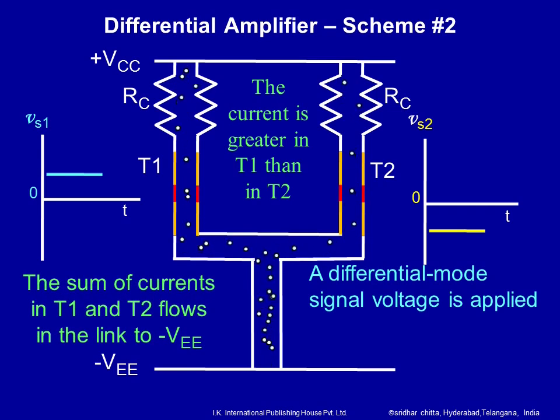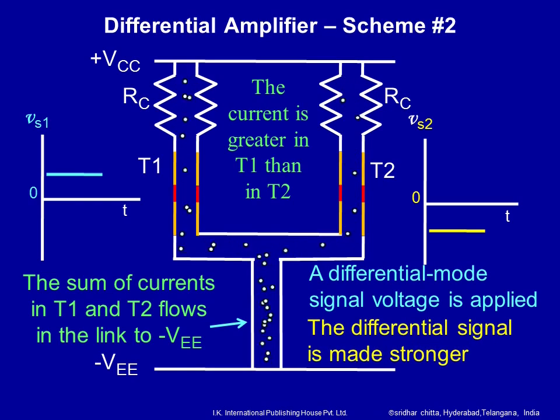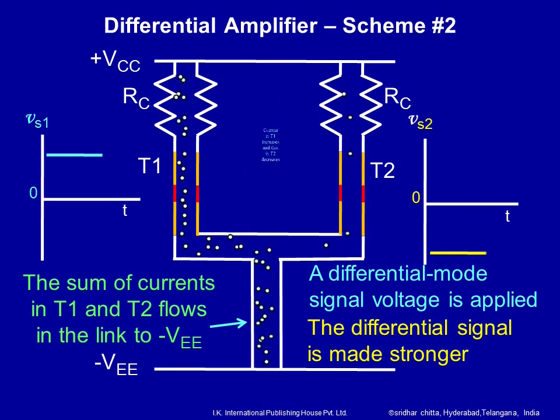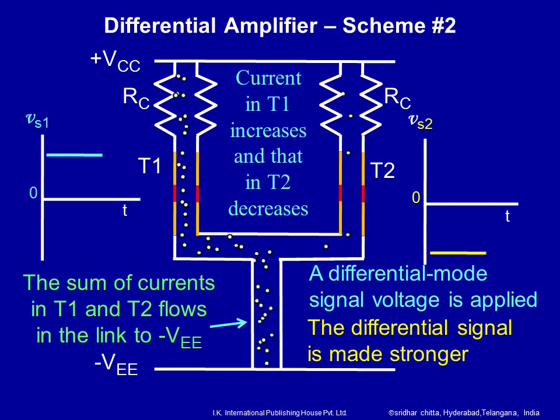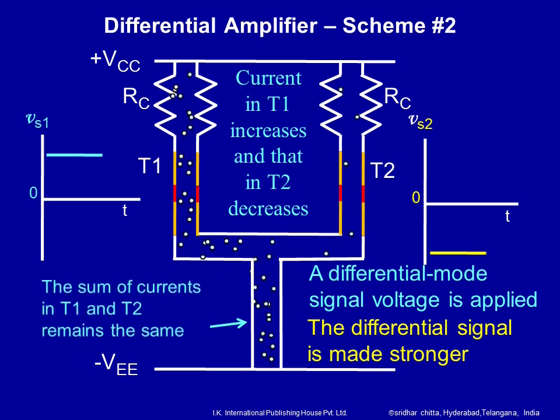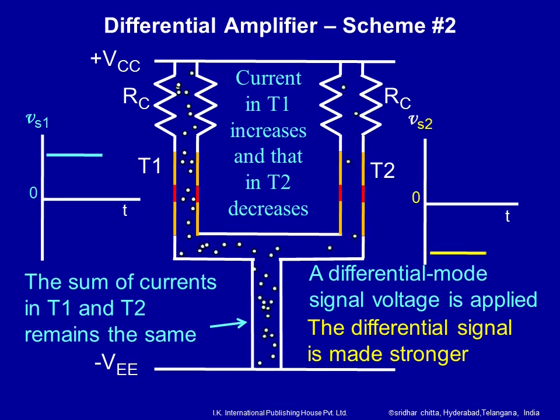The sum of currents in T1 and T2 flows in the link to minus VEE. The differential signal is made stronger. The current in T1 increases and that in transistor T2 decreases. The sum of currents in T1 and T2 remains the same.